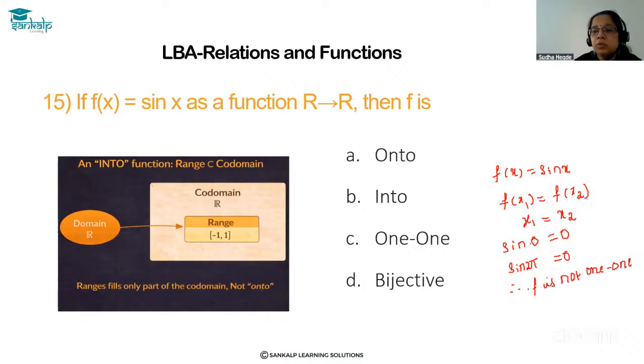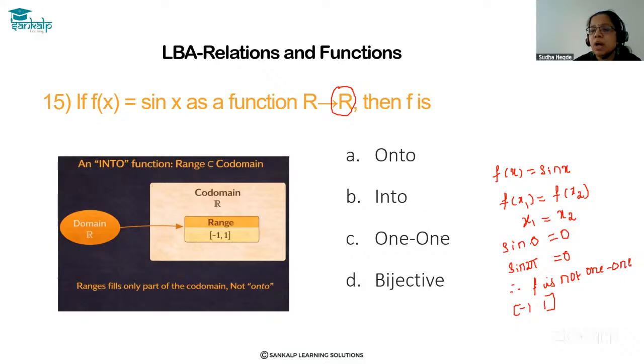Now check onto. Sine values always lie between -1 and 1. So in the codomain, you have 2, 3, 4, all real values.